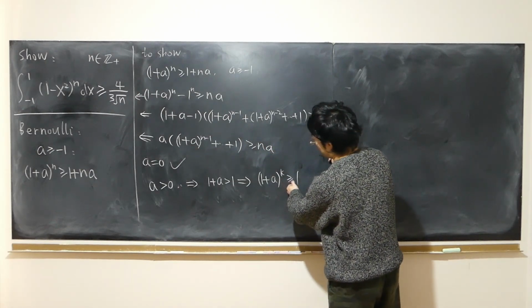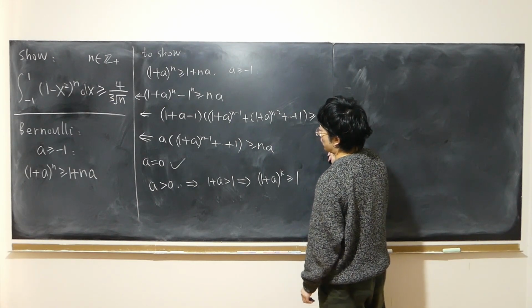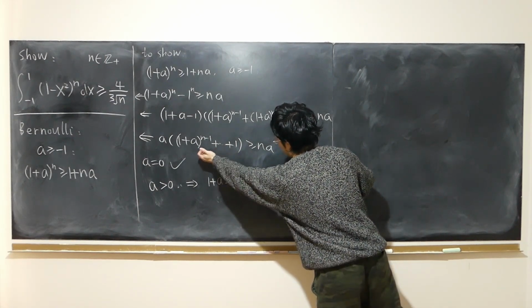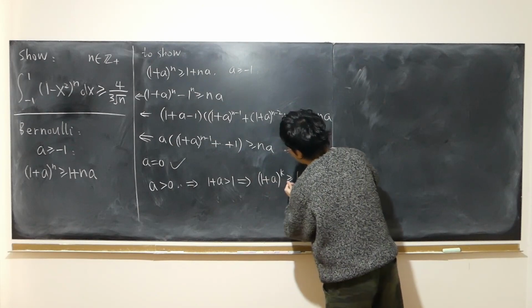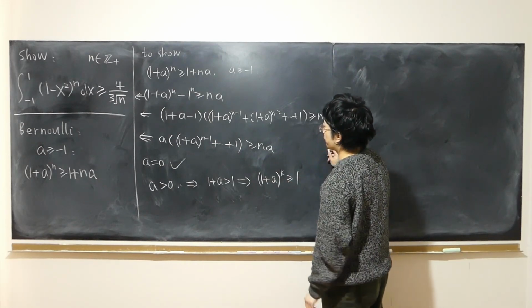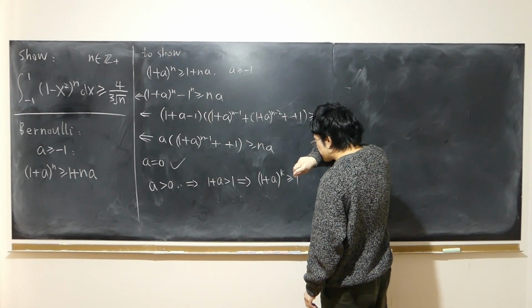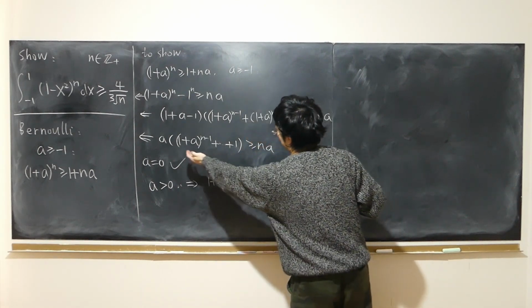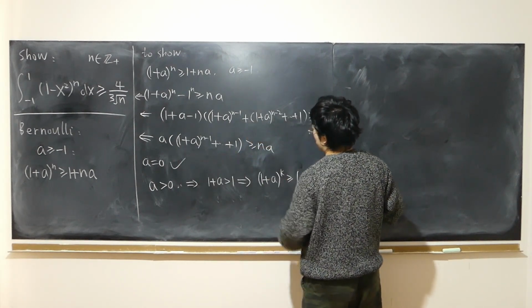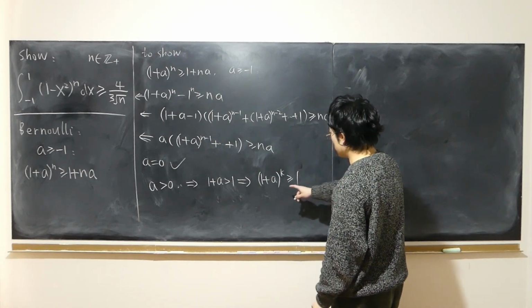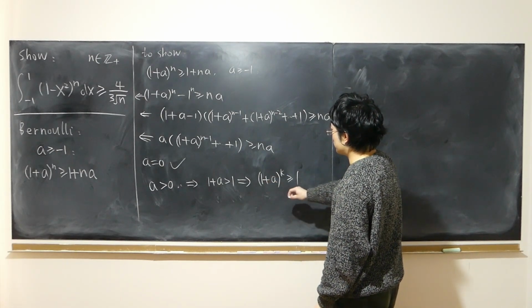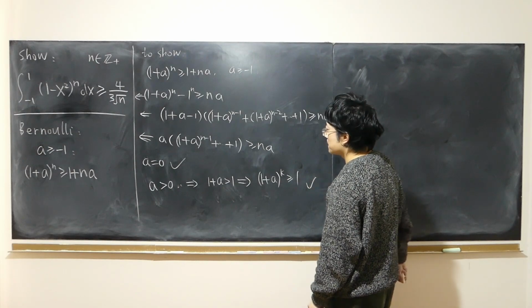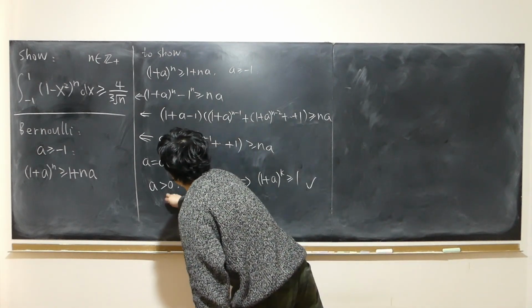Every term is bigger than or equal to 1. Of course, when you add them up, the overall quantity will be bigger than or equal to n. So a times the quantity is bigger than a times n. So in this case, it's obviously true.